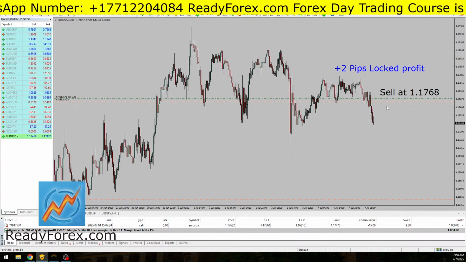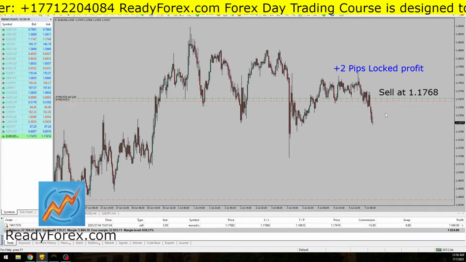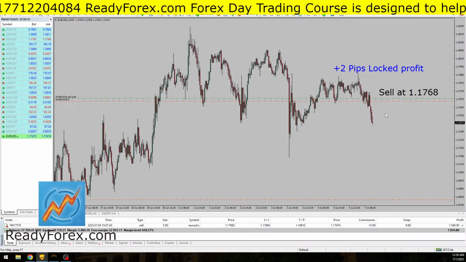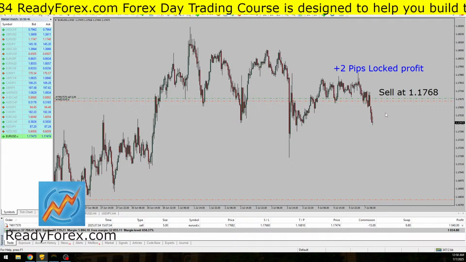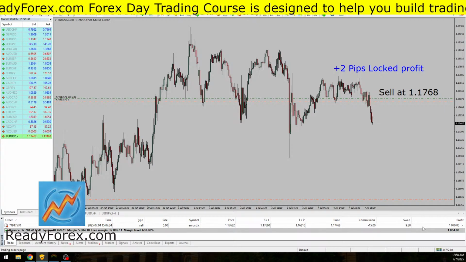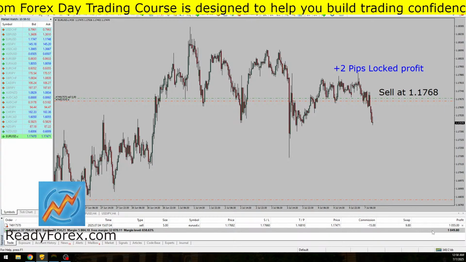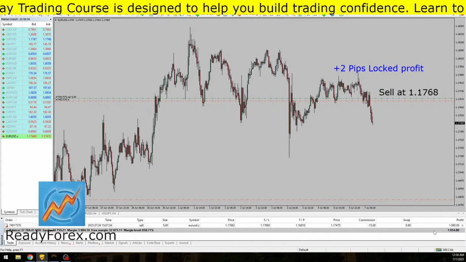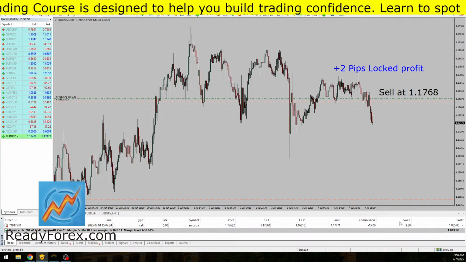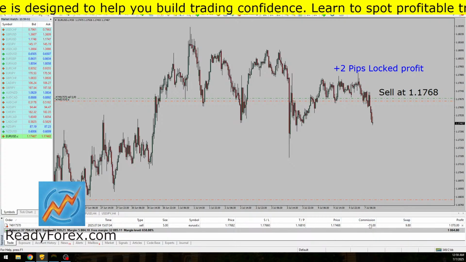Okay, so at this point in time, you can see price action is falling down, and based on my sell trade over here, which I took on Friday, I showed you that as well, I locked in 2 pips profit. Okay, so this is about $1,049 US dollars and 80 cents profit over here. I even paid a $15 commission over here.